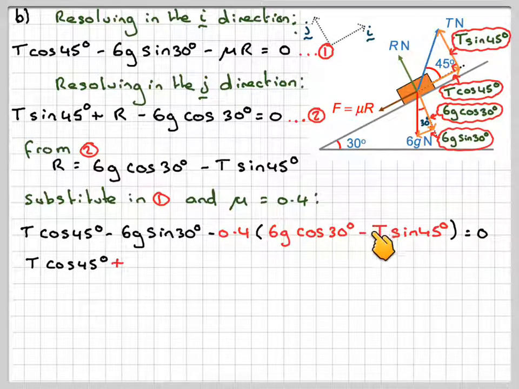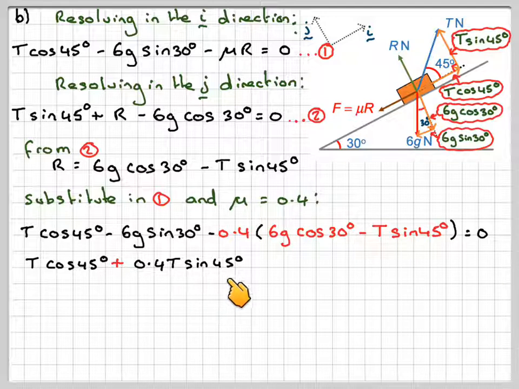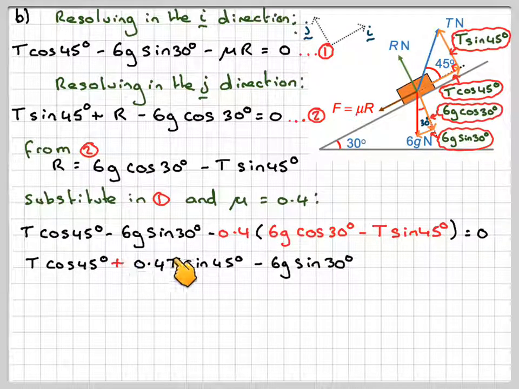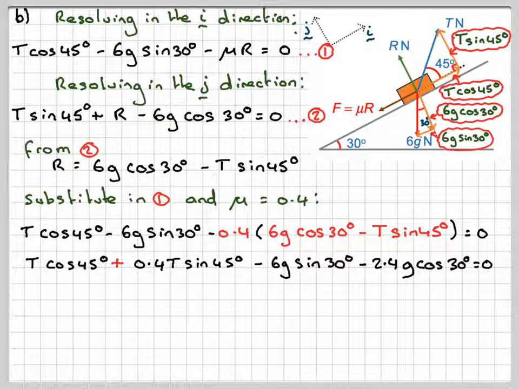Minus times a minus makes a plus, so we have plus 0.4 T sine 45 from doing that multiplication, and then over on the other side minus 6g sine 30, and then minus 2.4g cos 30 degrees. Don't forget the g.